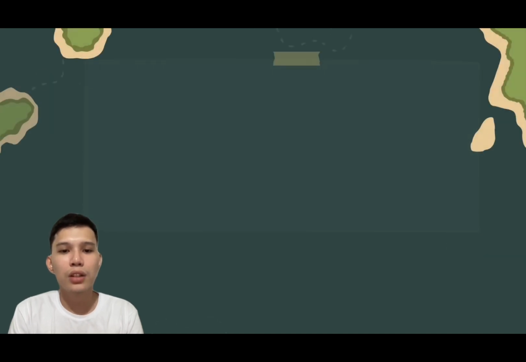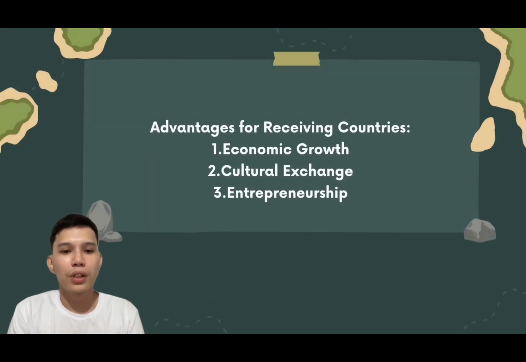Next is advantages for receiving countries. Number one is economic growth. Immigration can boost a receiving country's economy by increasing the labor force, consumer base, and tax revenues. Immigrants often fill labor shortages in sectors like agriculture, construction, healthcare, and technology. Next is cultural exchange. Receiving countries benefit from exposure to new cultures, traditions, and cuisines.